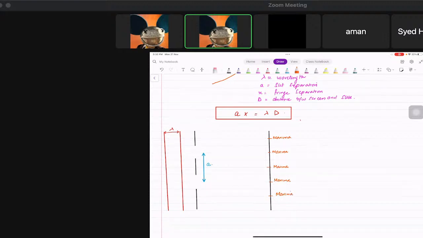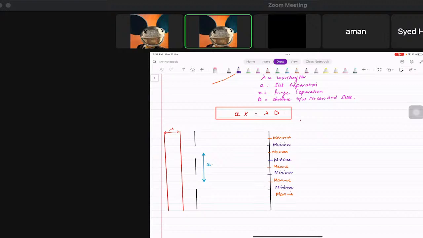And between every maximum there is a minima, like that.